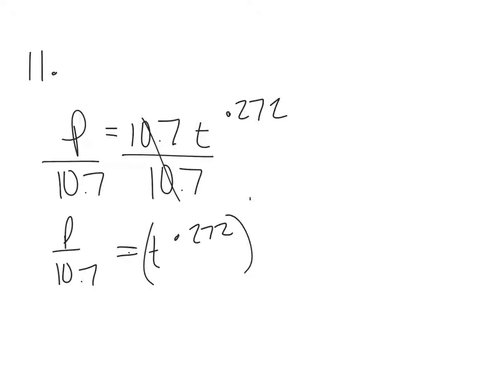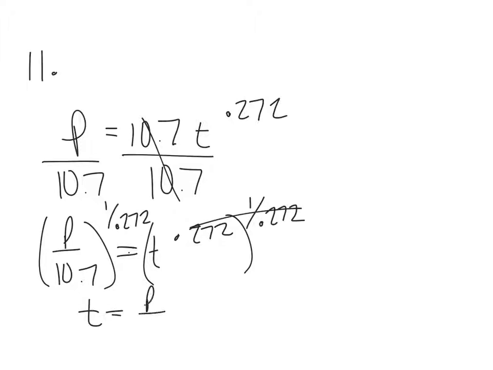If I raise this to the 1 over 0.272, these cancel out. I'm left with T equals P over 10.7. 1 divided by 0.272 is 3.7.